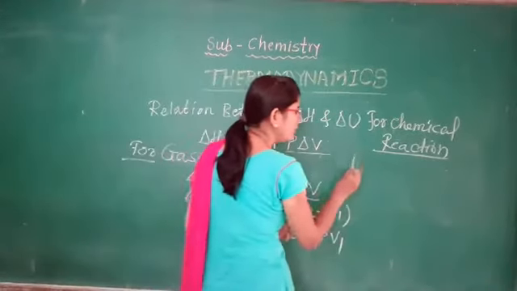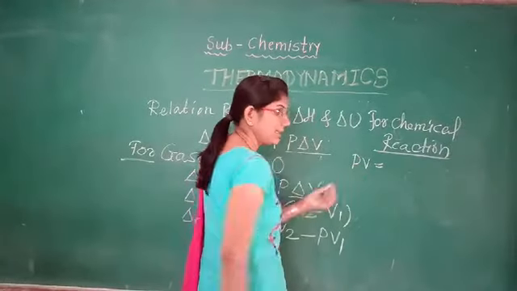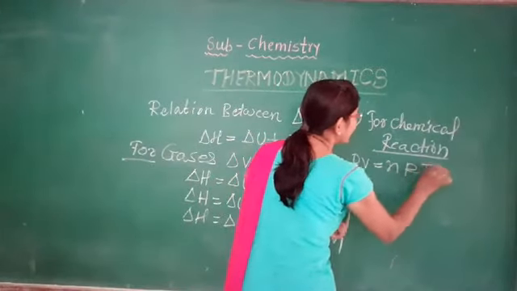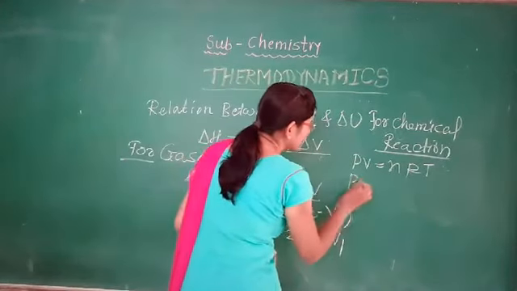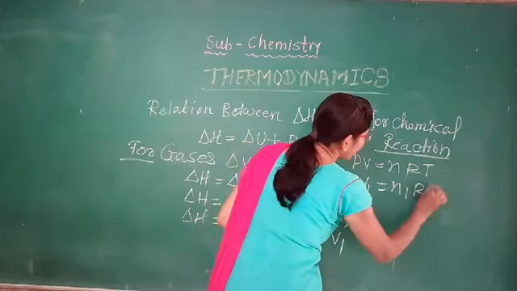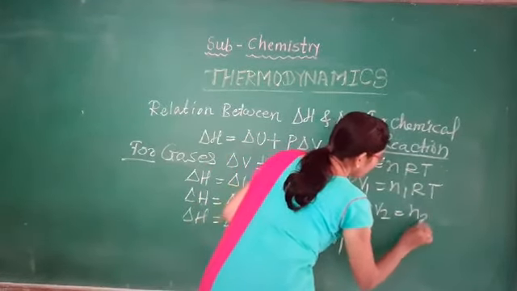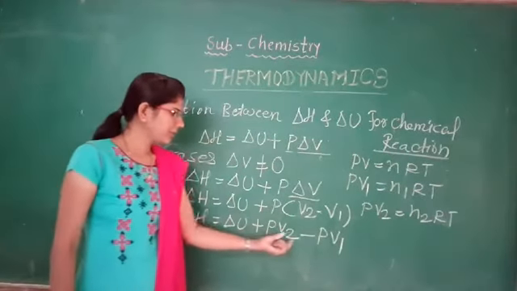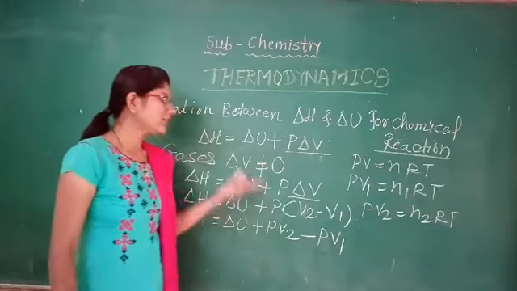So we know the ideal gas equation, PV equal to nRT, and for the considerable change in volume, PV1 is equal to N1RT and PV2 is equal to N2RT, because P, V1 and V2 are the pressure and volumes, but at a constant pressure.